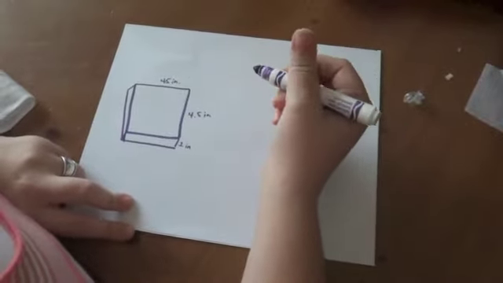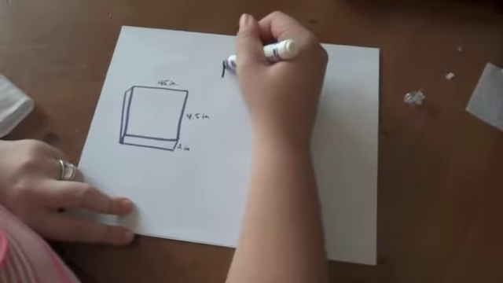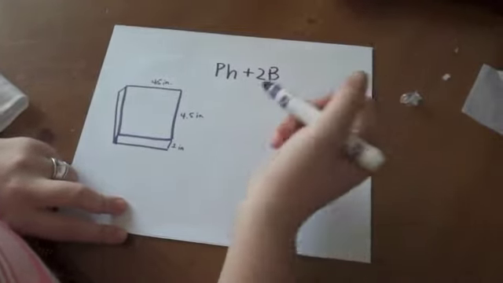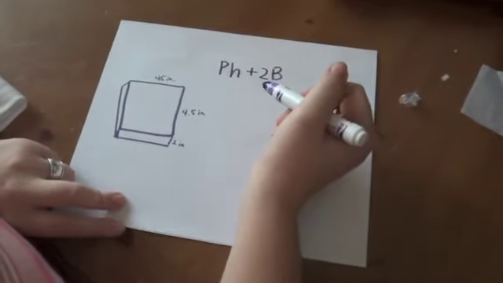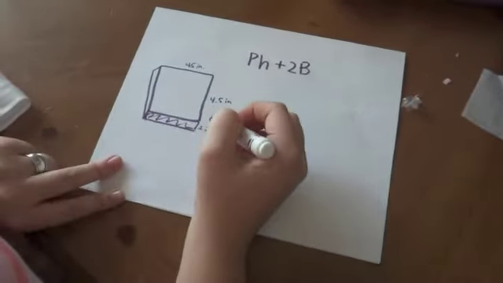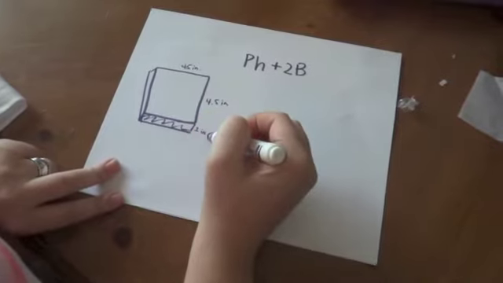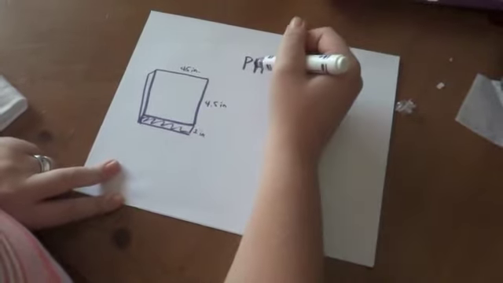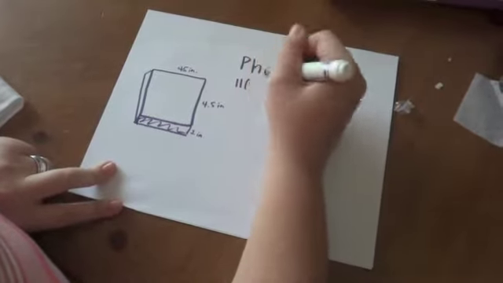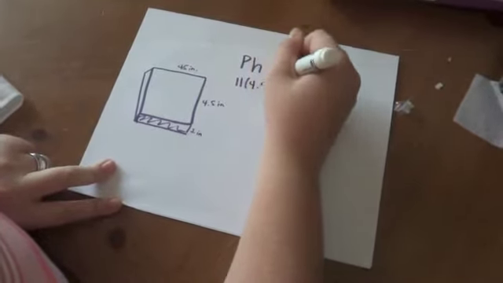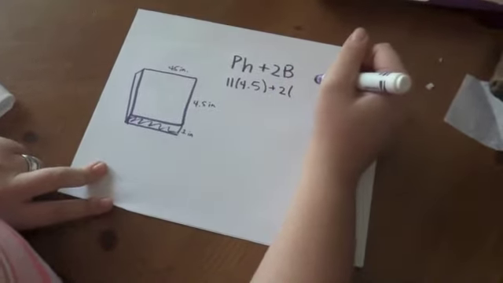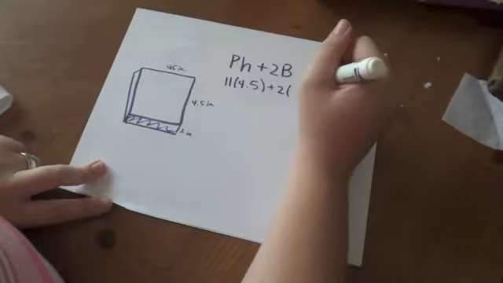So using our formula for surface area, which is Ph plus 2B, the perimeter of the base would be 4.5 by 1 inches. So that gives us about 11 inches in perimeter, and the height is 4.5, plus 2 times the area of the base.